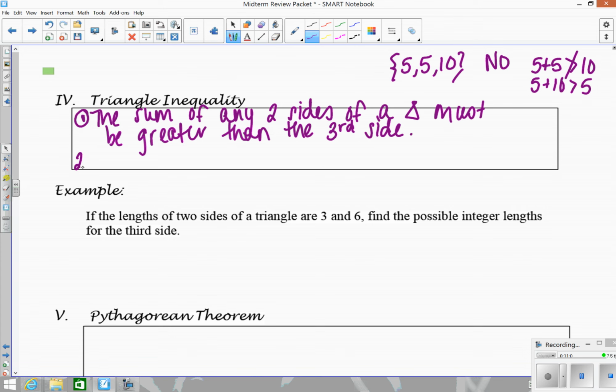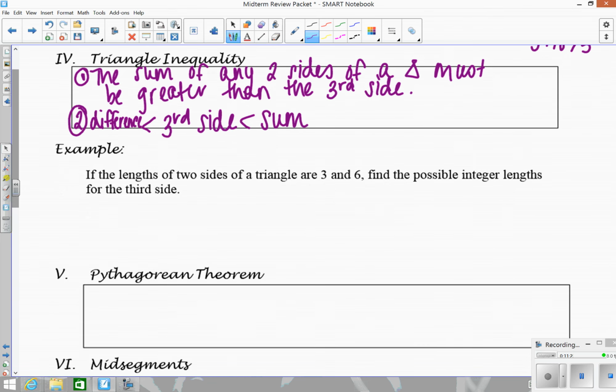So the other way of figuring this out is using the formula. The formula says that the third side of a triangle has to be less than the sum of the two other numbers, but greater than the difference. So we will use that for this example here.